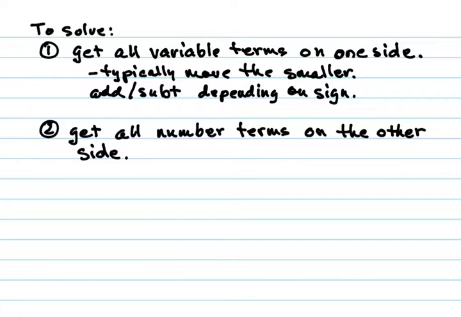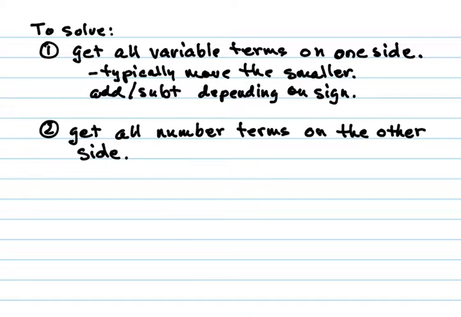Remember that this is an equation and it's algebraic. The reason it's algebraic is because it has a letter in it. So those letters tell everything else what to do. So if your variable terms are moving in one direction, say to the left, then all of your numbers have to move to the right. And a number term is just a term that has a number in it, no letters. Okay?